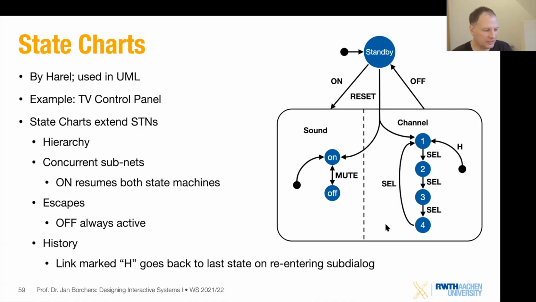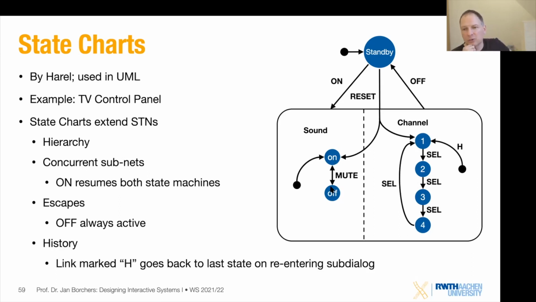Whenever the off button gets hit, both of these state charts below kind of go into a freeze state, if you want. They go into a dormant state, and the system as a whole transitions into the standby state. As you can see, while we're in the on state, I can actually both hit the select button to move through my channels, and independently, I can hit the mute button to toggle my sound on and off.